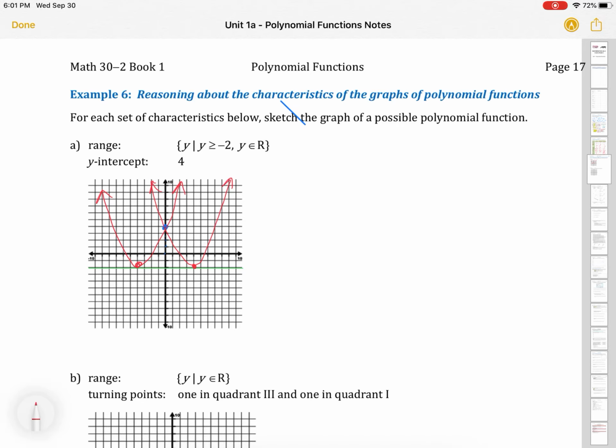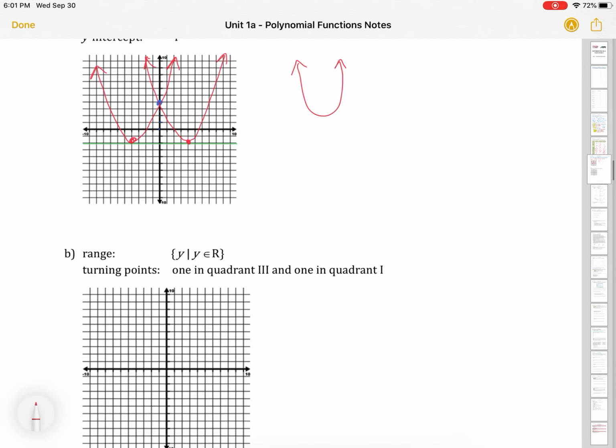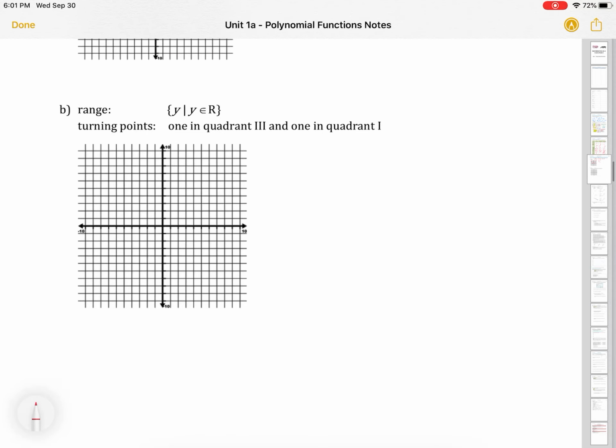So either one of those would be acceptable. Okay. We know that it's got to be greater than -2, so it's got to be a minimum. So we know our quadratic would go up that way. And this would also tell us that it is a quadratic. So looking for the clues and then drawing your sketch.